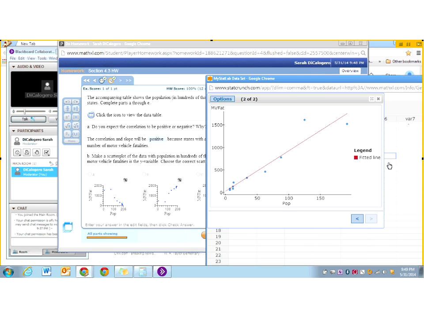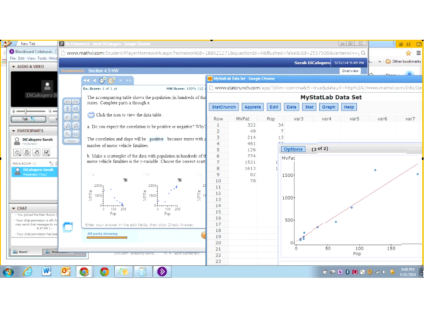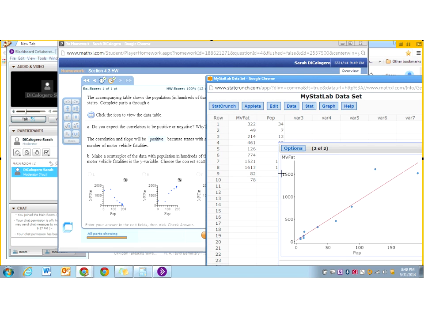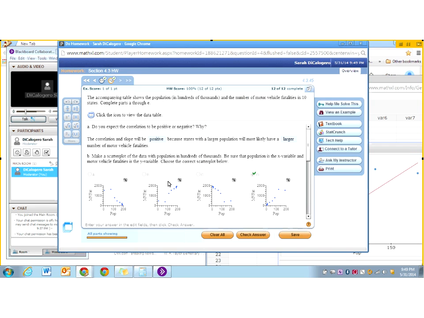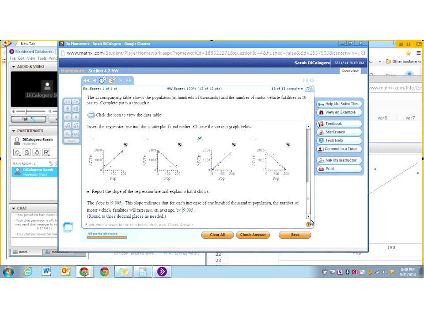Let's look at our raw data. The population, it's not 34, it's actually 34 times 100,000. So what they're talking about here, a 100,000 increase in population on our regression line is really just 1.